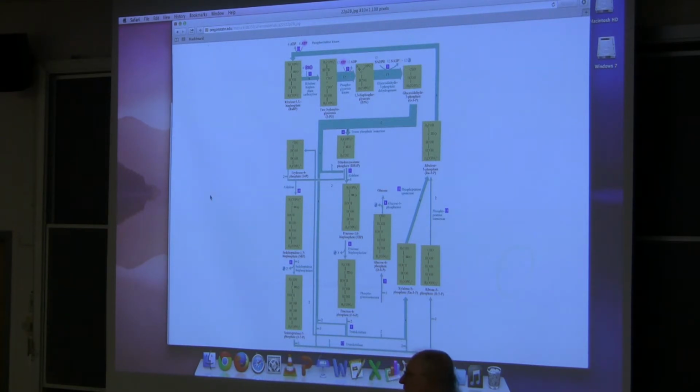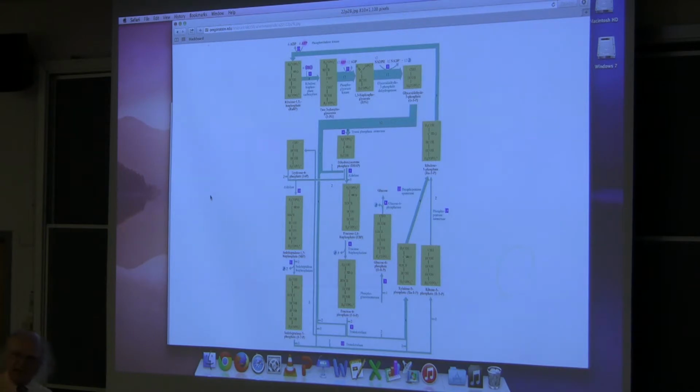3-phosphoglycerate becomes 1,3-bisphosphoglycerate, and so on. Look at the ATP. We need ATP to make that happen. Look at the NADPH. We need NADPH to make the other things happen. So we need energy to make glucose, and we need electrons and protons to make glucose.